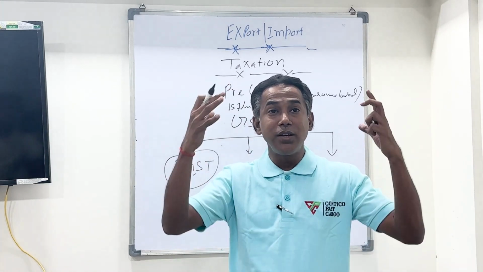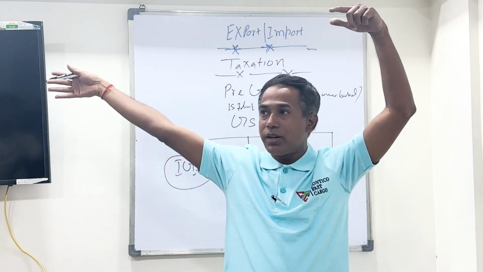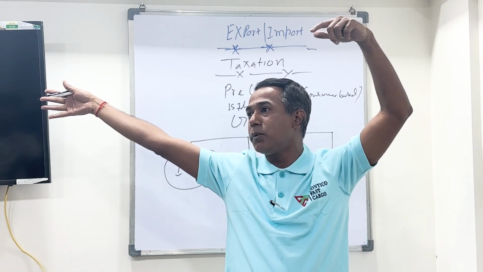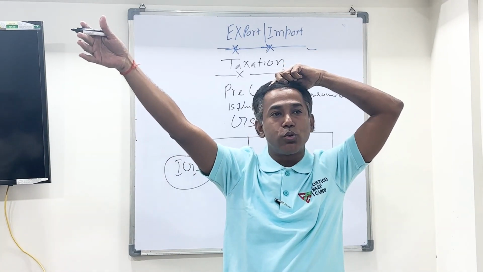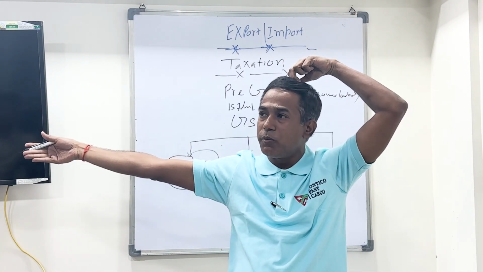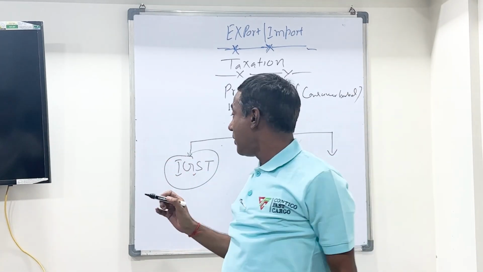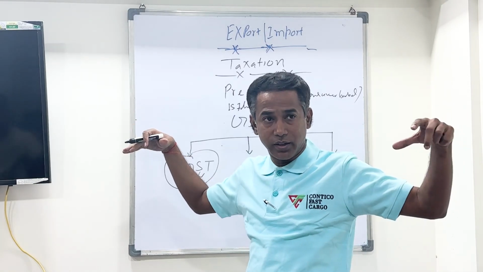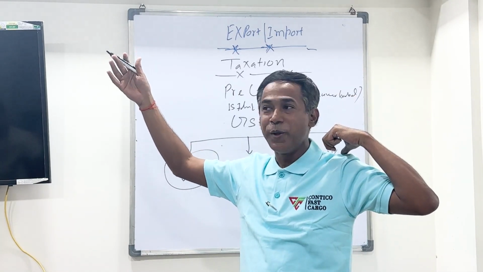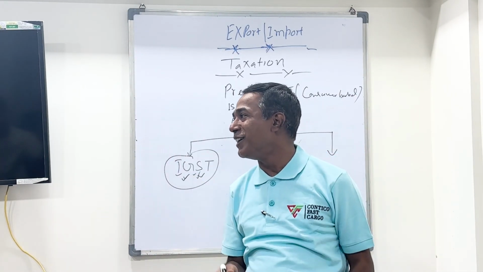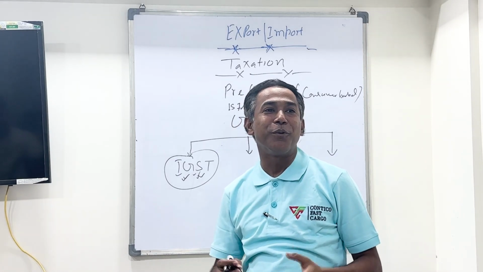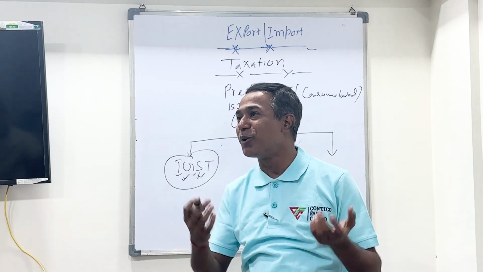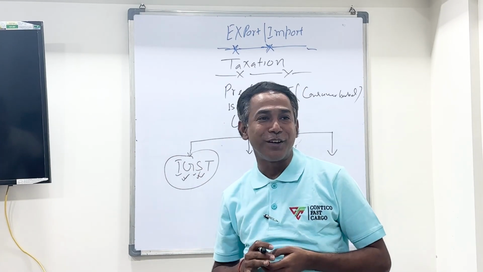That means the center will collect all the money because it is going to the other state. The consumer is in Bihar, or in Gujarat, or in West Bengal. So the center will collect all the money, and in between it will divide it. That is the center's responsibility. That is the reason you sometimes hear Punjab complain that it is not getting its taxes, that its payment is with the central government.